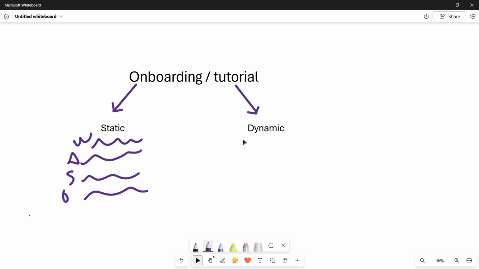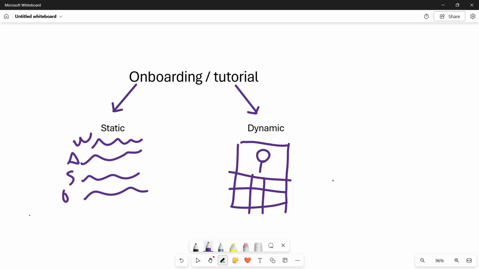But a dynamic tutorial is a tutorial in which you are taught as you play. So once again, you have a puzzle that you have to solve. So you have the board, for example, you have the grid, you have everything. So let's say I have the character over here. And you are taught how to move the different things, how to match 3, for example, whatever it is.